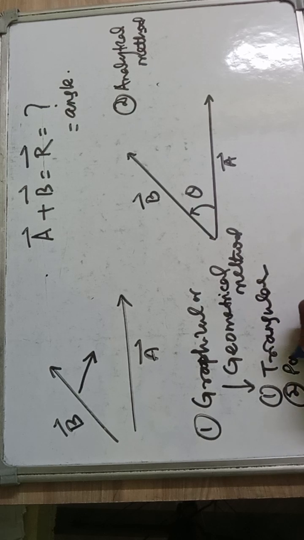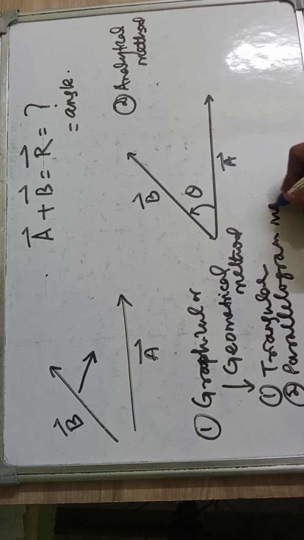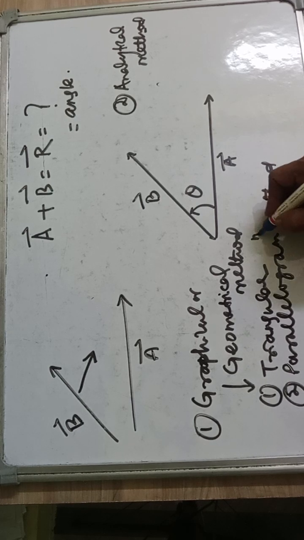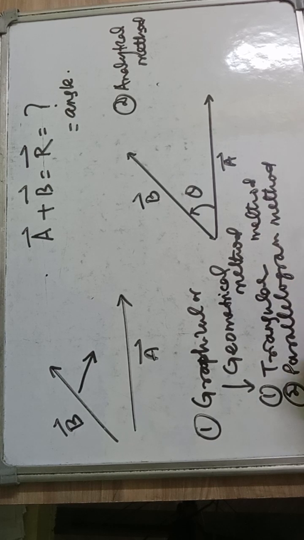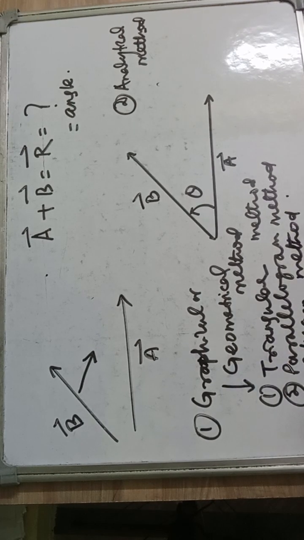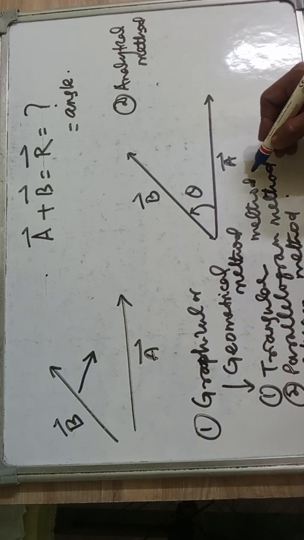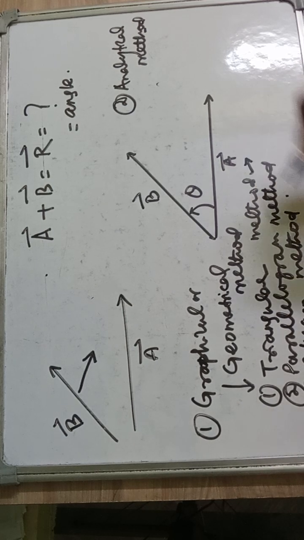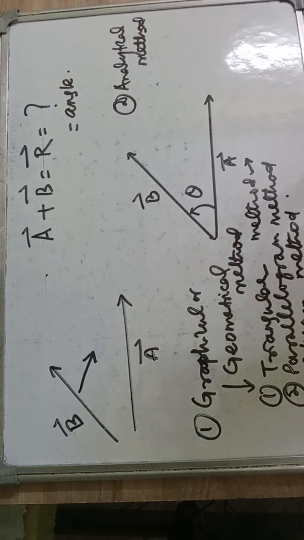Second is parallelogram method. Third is polygon method of vector additions. Now in this graphical or geometrical method, first let us start how we will add vectors using triangular method.